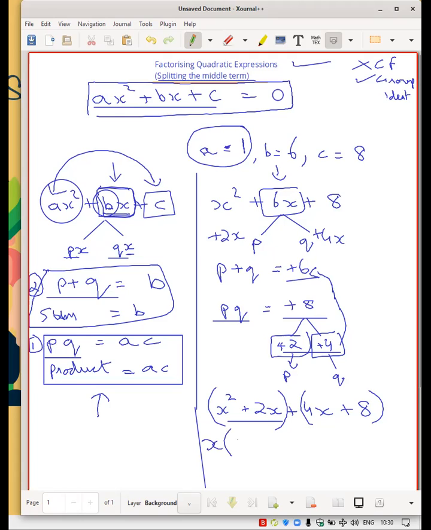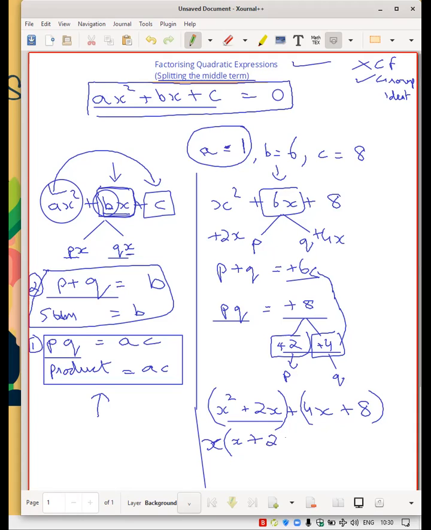X squared divided by x is? X. First term divided by whatever we took out outside, which is x. Plus 2x divided by x is? What is 2x divided by x? Sir, 2. Close the bracket.